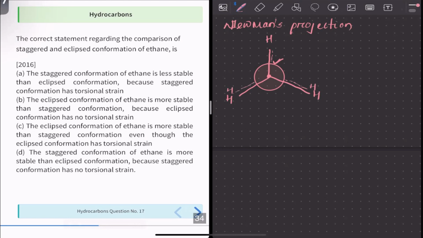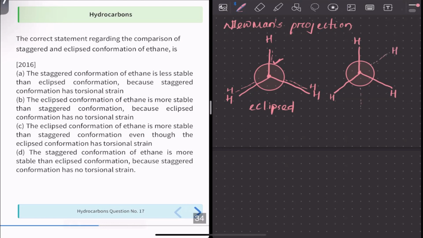So this is the eclipsed form. Let's draw the staggered form. The staggered form will be in the opposite direction, like 180 degrees.